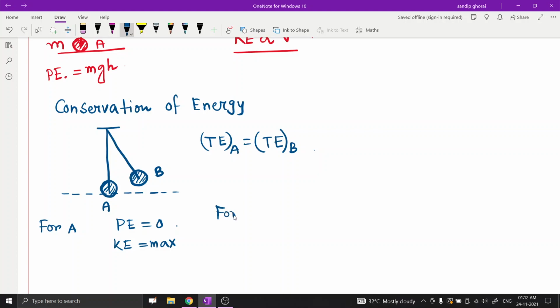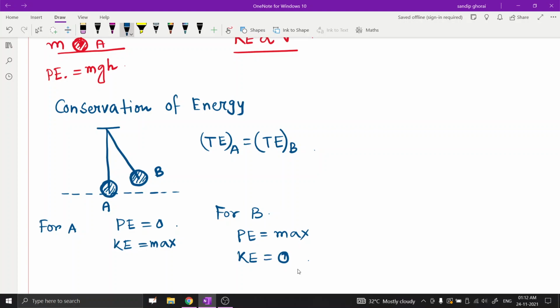And for B position, if B is the extreme point, then potential energy is maximum and kinetic energy is 0. Why? Because at extreme point B, the velocity of the pendulum is 0, so the kinetic energy is 0.